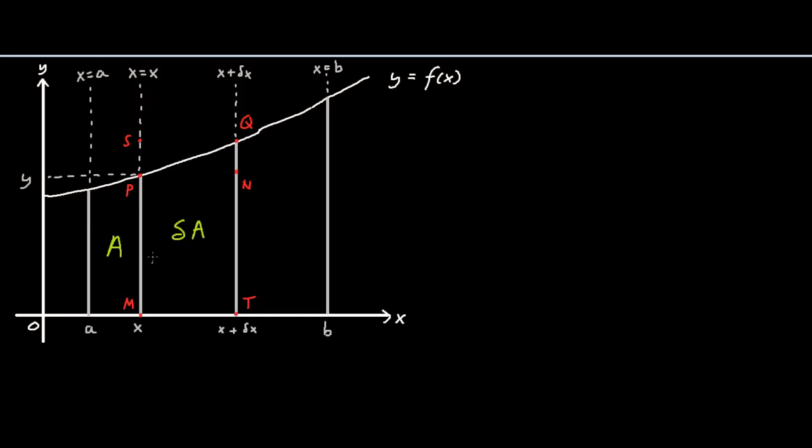Now, the point P will have the coordinates x, y. So this line here is y.